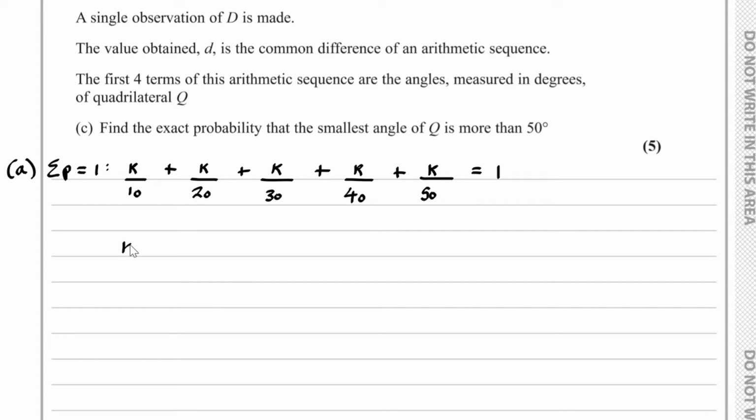And if I factorise out a k, we have k lots of 1/10 plus 1/20 plus 1/30 plus 1/40 plus 1/50. And all this is equal to 1.